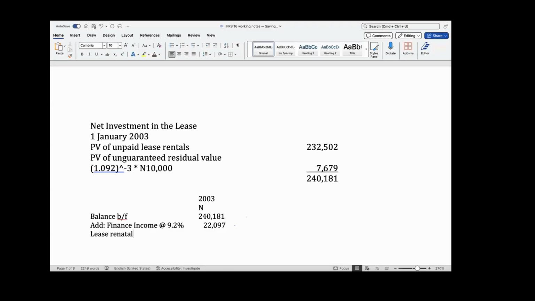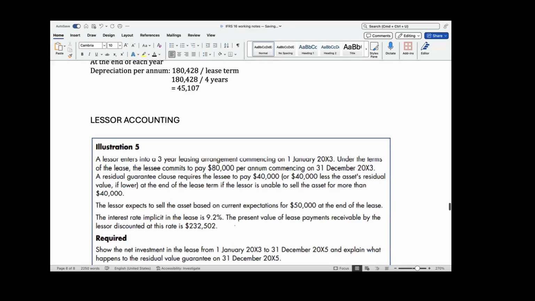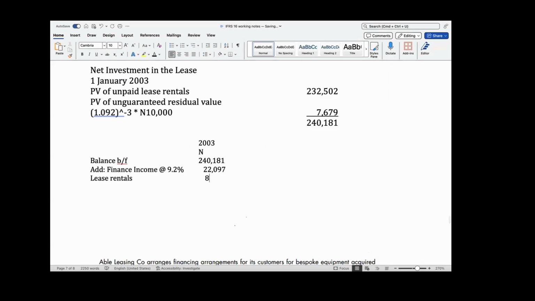Then we'll deduct the lease rentals. How much is the lease rental per annum? 80,000. So deduction. Okay. So what's the balance? 182,278.